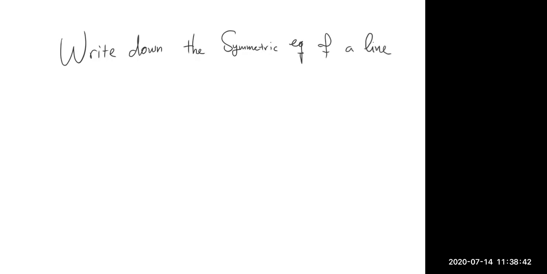So for example, the question can be: write down the symmetric equation of a line which passes through a point P with coordinates 1, 2, 3, and is in the direction of a vector V with components -1, 2, and 3.